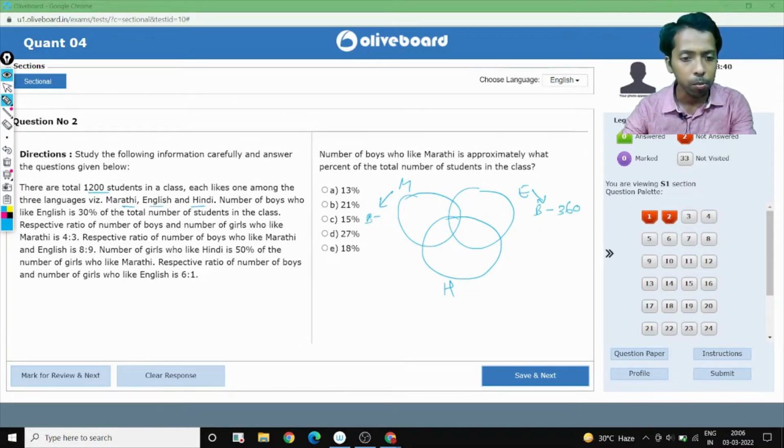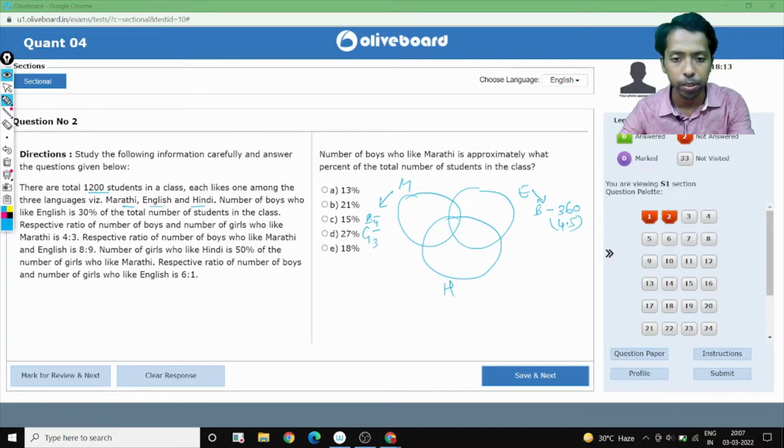Respective ratio of the total number of boys and the number of girls who like Marathi is 4 to 3, right? Okay, so this is 4 and this is 3 unit. Respective number of boys who like Marathi and English is 8 to 9. So if this is 4 unit, this should be 4.5 unit.